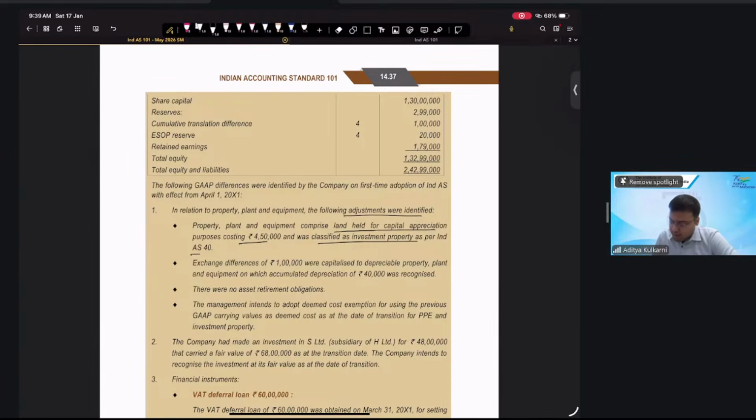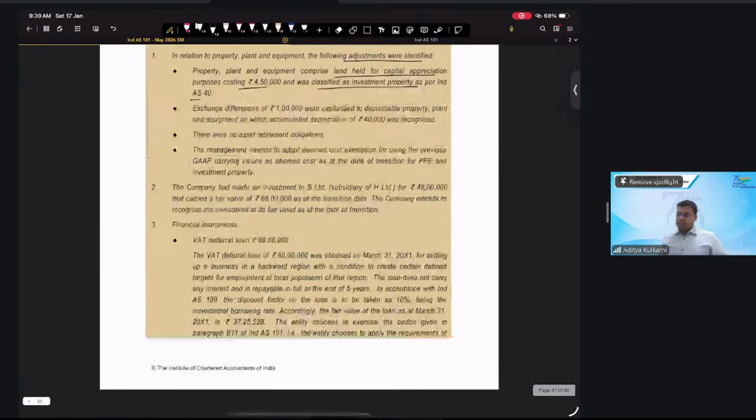Exchange difference of 1 lakh were capitalized to depreciable property, plant and equipment on which accumulated depreciation of 40,000 was recognized. There were no asset retirement obligations. The management intends to adopt deemed cost exemption for using the previous GAAP carrying values as deemed costs as at the date of transition for PPE and investment property.